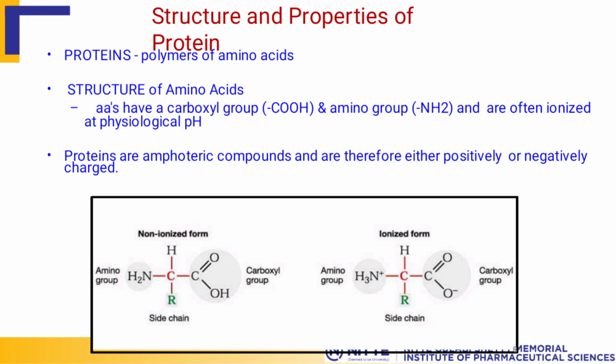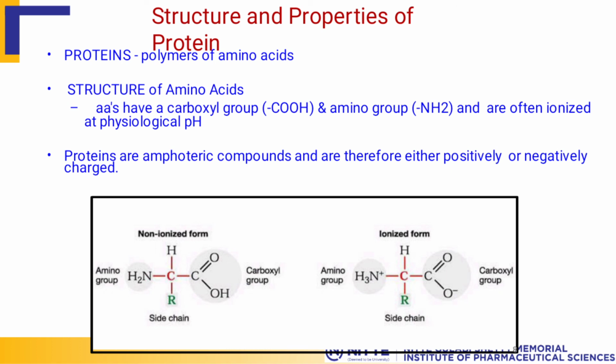The H of the carboxylic acid migrates and attaches to the amino group present, so it becomes an amphoteric molecule. It is neither positively nor negatively charged, but when you look at the overall charge of a protein, it can be classified as a negatively charged or a positively charged protein.